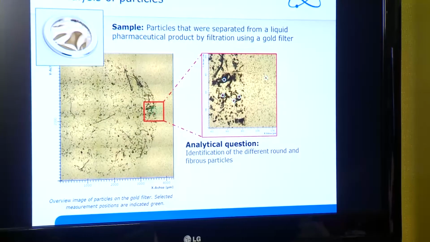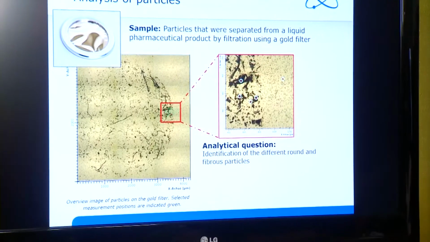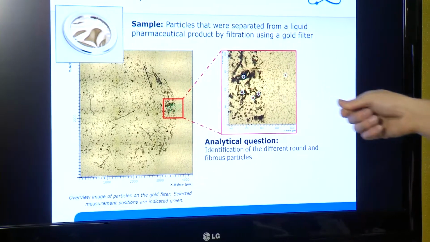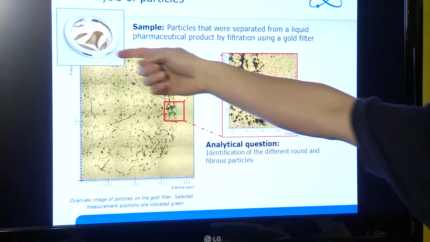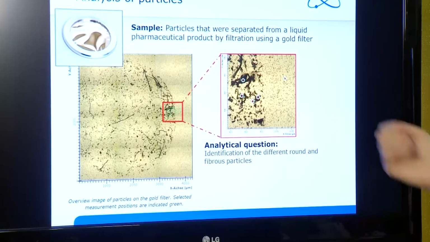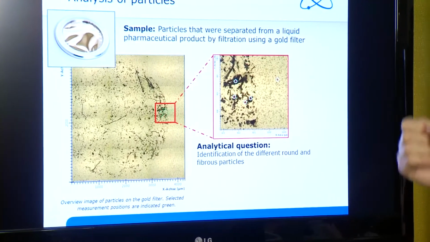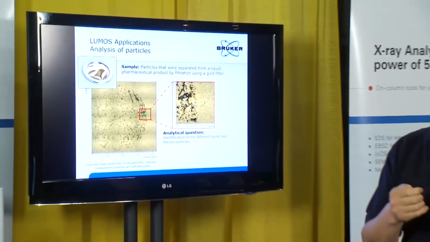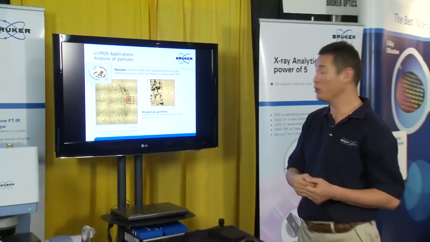Another example before I finish. This is a liquid protein sample. Let it filter through a gold filter. You have lots of leftovers there. And what are they? Because these are in the protein sample. If you have contamination like that, it's potentially harmful to humans.